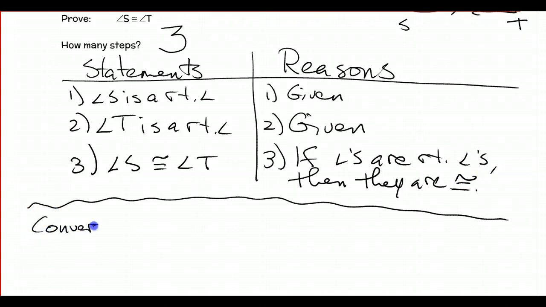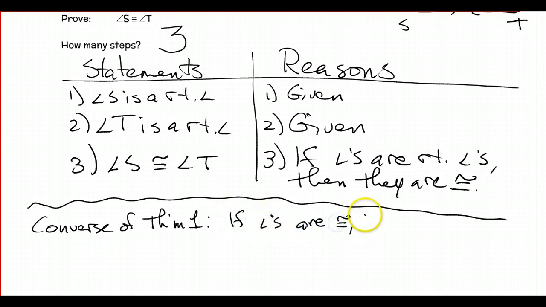So the converse of theorem 1 would be if angles are congruent, then they are right angles.